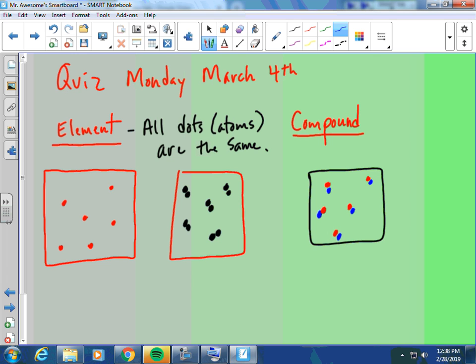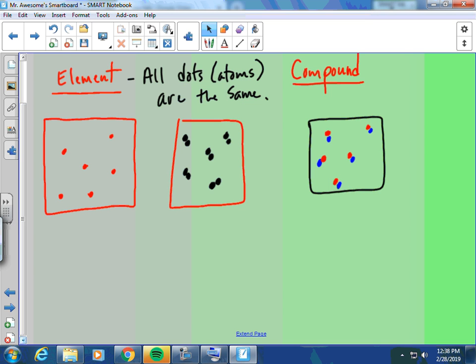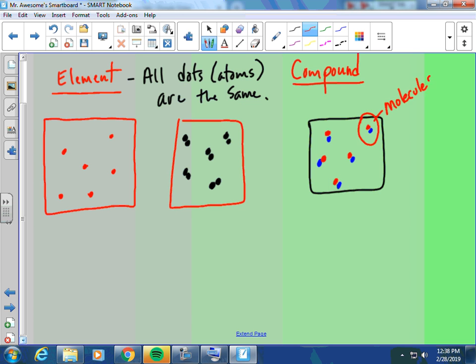Now, if I want to talk about mixtures, now I'm going to have some different types of particles. And in the worksheet, we did say that these compounds, these individual molecules, do count as particles. All right? And so do atoms.